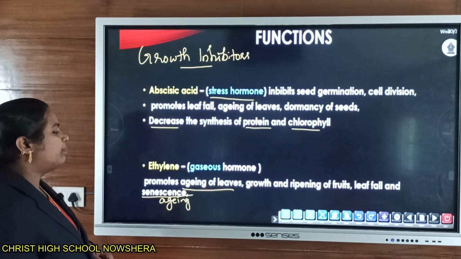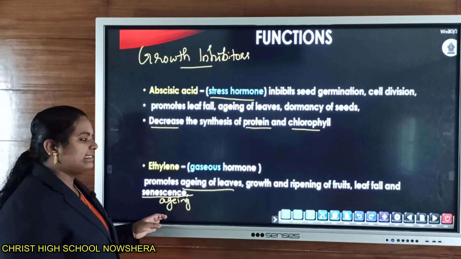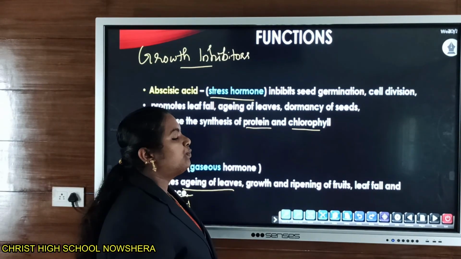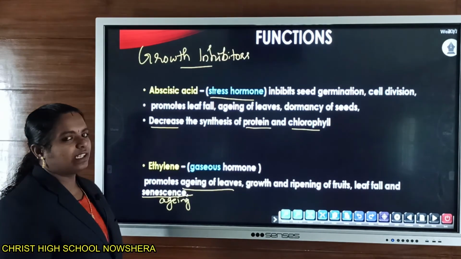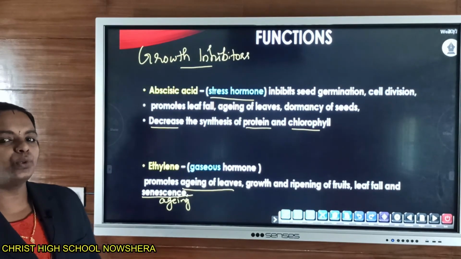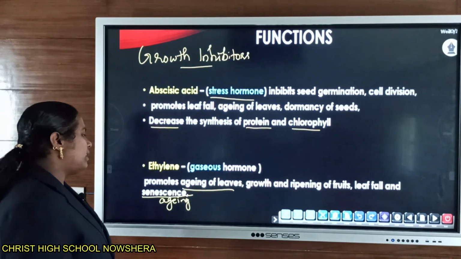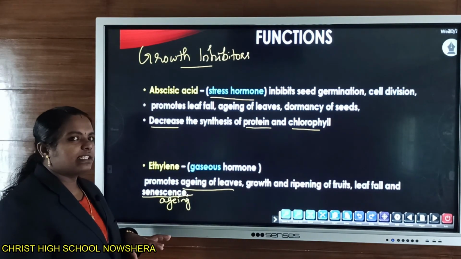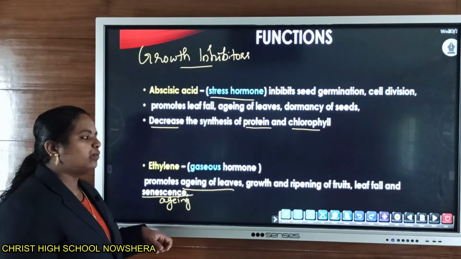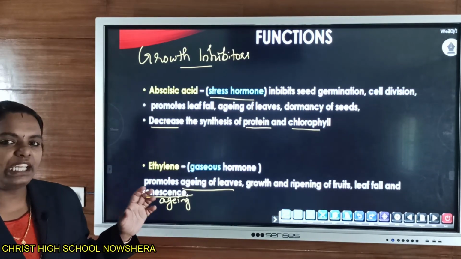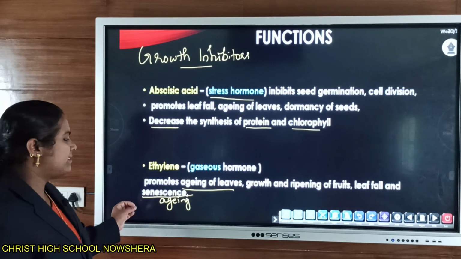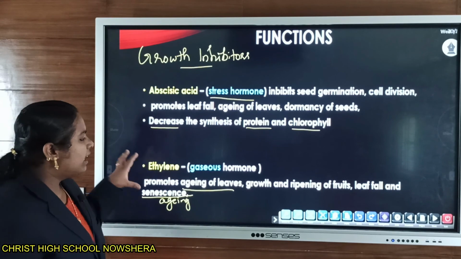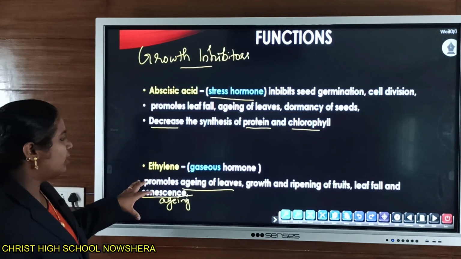So ethylene promotes aging of leaves or senescence, as well as growth and earlier ripening of fruits, and leaf fall. In this way, it inhibits the growth of plant.